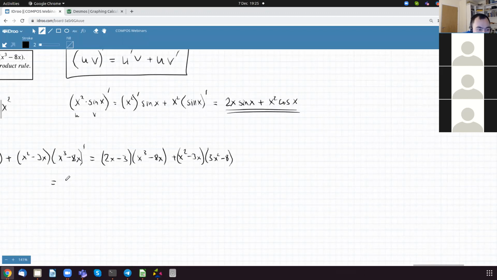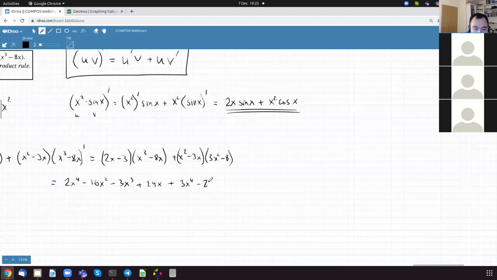So this is going to be 2x to the power 4 minus 16x squared minus 3x cubed plus 24x plus 3x to the power 4 minus 8x squared minus 9x cubed plus 24x.